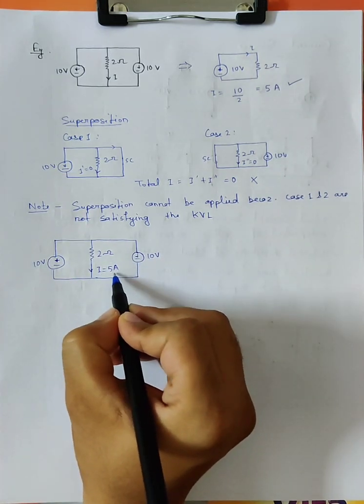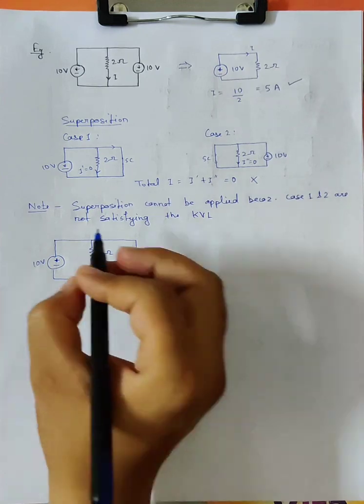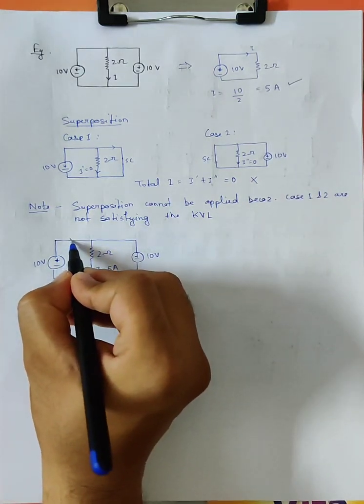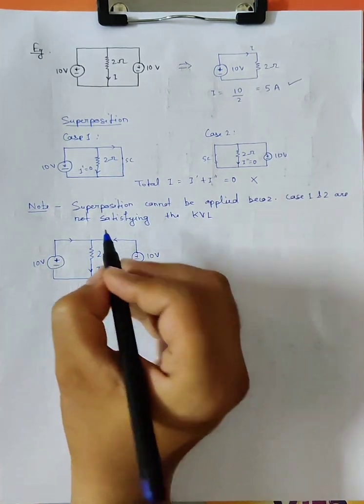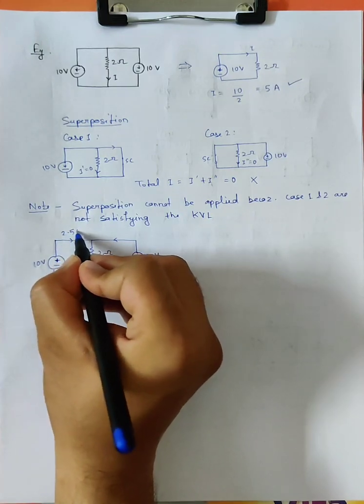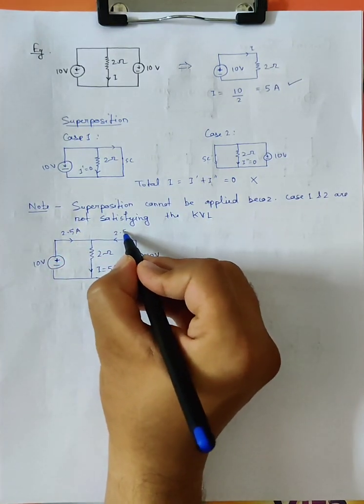This is current 5 ampere. By the symmetry we can see that equal currents will be coming from both the sides. So this current will be 2.5 ampere and this current will also be 2.5 ampere.